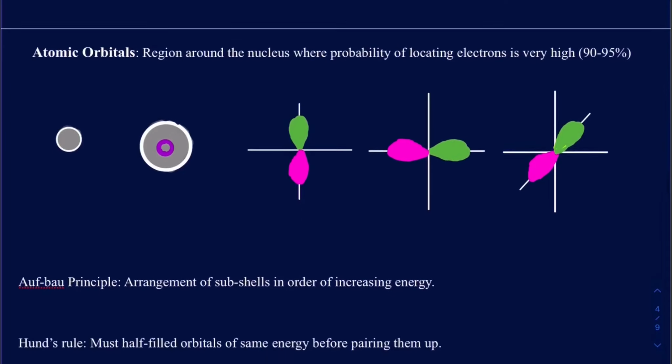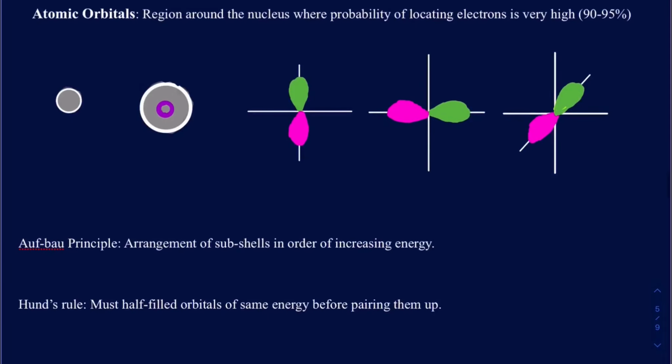Let's talk about atomic orbitals. Now, when you're talking about an element, and we have talked about electronic configurations and their subshells and the orbitals, what we're really doing in that particular case is talking about the probability of locating the electrons around the nucleus.